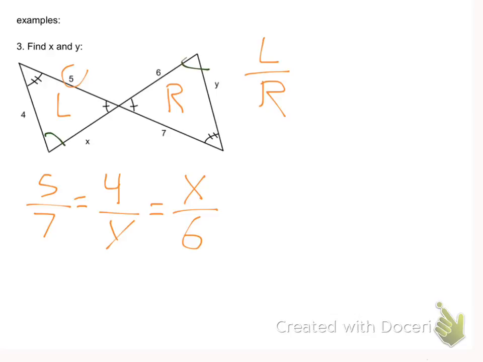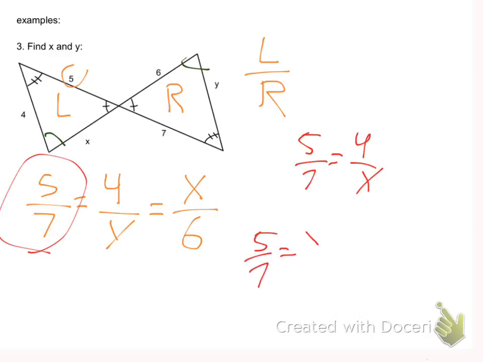Sure. Here's the thing. I'm always going to use the one that actually gives me the ratio. And the ratio in our problem is 5 to 7. So I'm going to take 5 over 7 is equal to 4 over x, solve for x, and I'm going to take 5 over 7 and set it equal to x over 6. That's y, sorry.